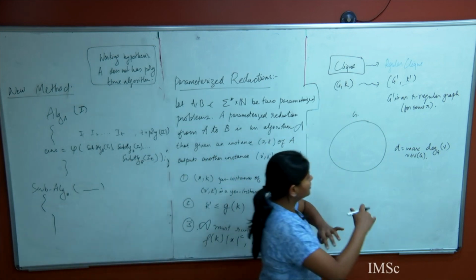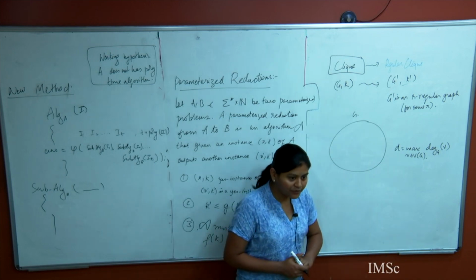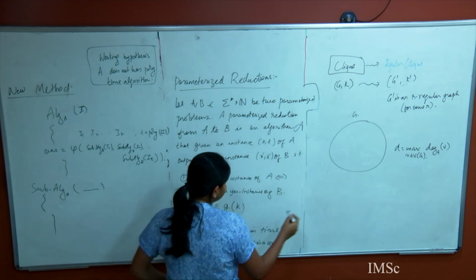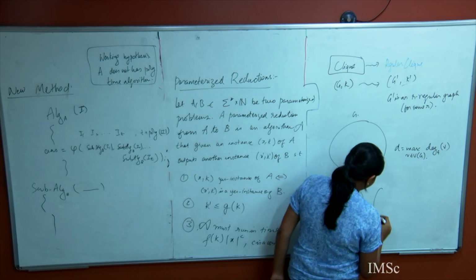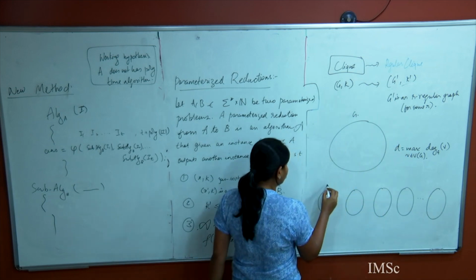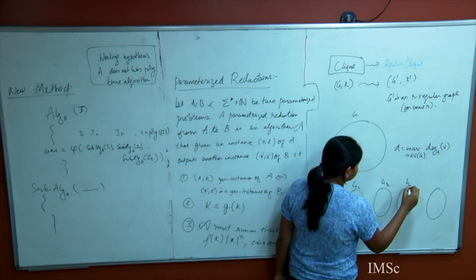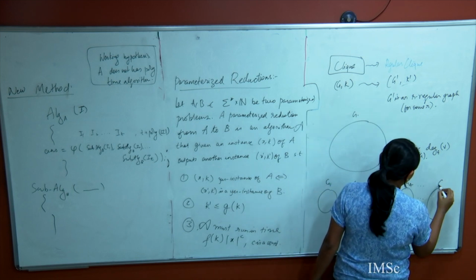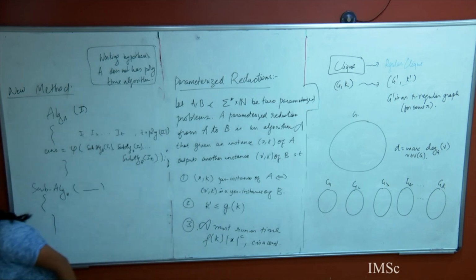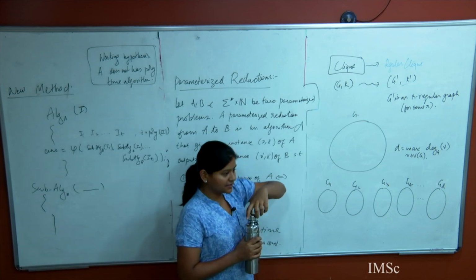So we would want to make the degree of every other vertex the same as D. For this, we create D copies of this graph G. I will denote them by G1, G2, G3. So we have created D copies. Now we want to add some more things so that we can make the degree the same.